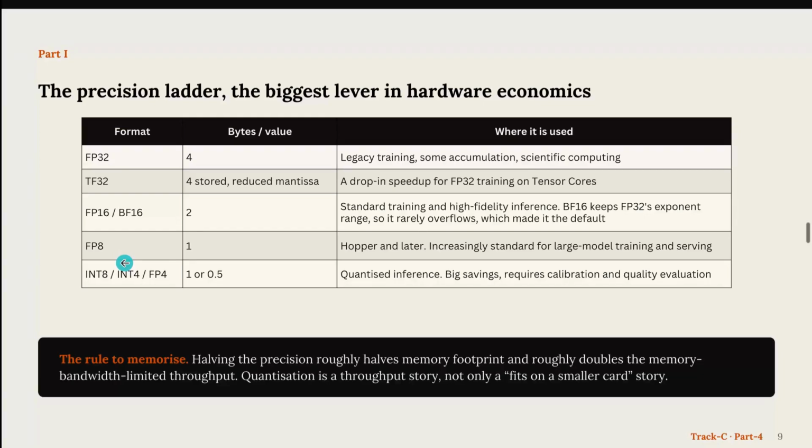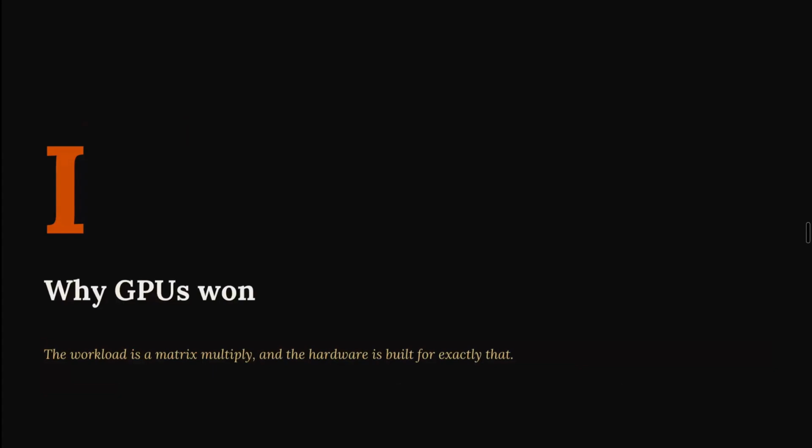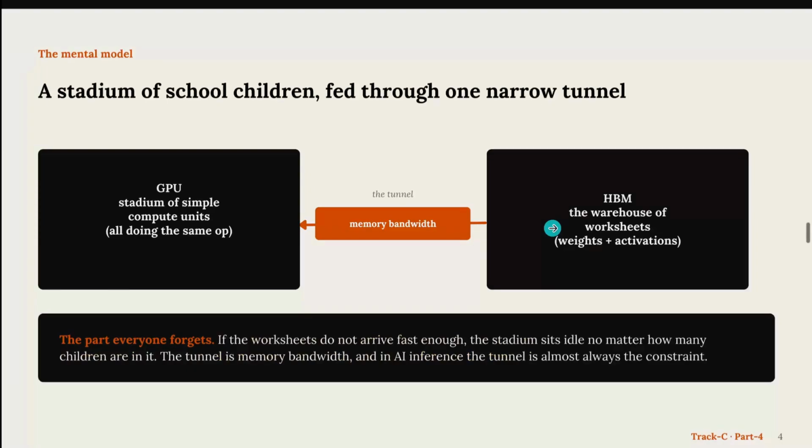The rule to memorize is that halving the precision roughly halves the memory footprint and roughly doubles the memory bandwidth limited throughput. So this is all about this diagram. The more memory, the better the bandwidth, the higher the GPU, the better the calculations.